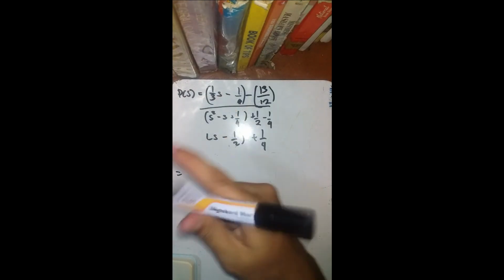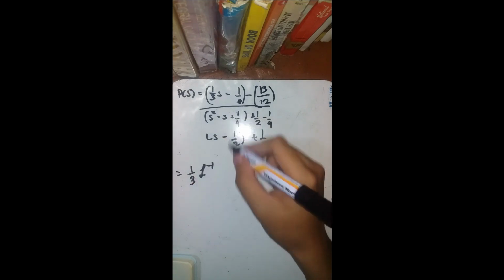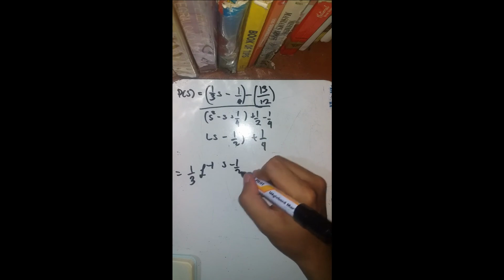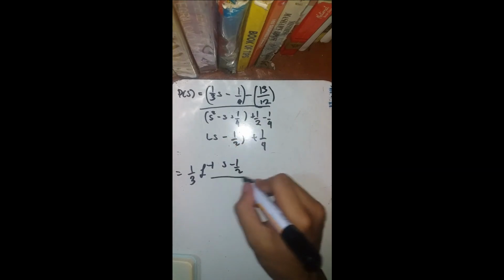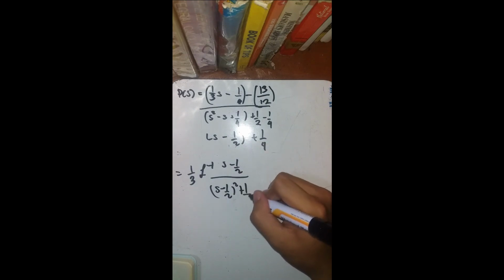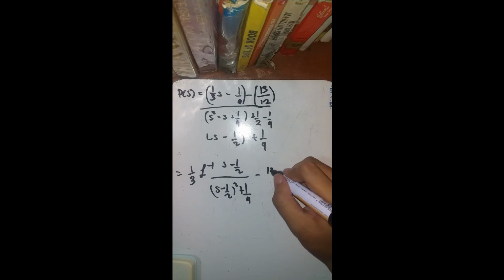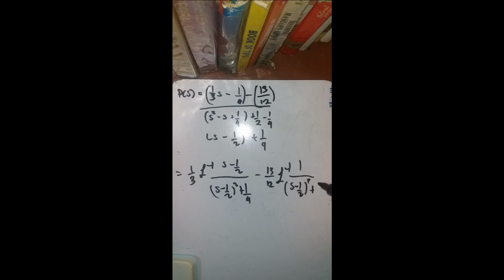We can take out 1/3, so it becomes 1/3 inverse Laplace; what's left is s minus 1/2, which is the same at the bottom, (s minus 1/2) raised to 2 plus 1/4. Then we have minus a constant, 1/3 over 12, inverse Laplace of 1 over (s minus 1/2) raised to 2 plus 1/4.